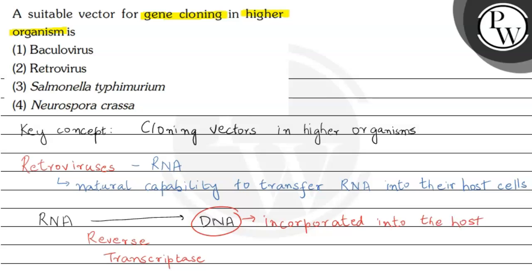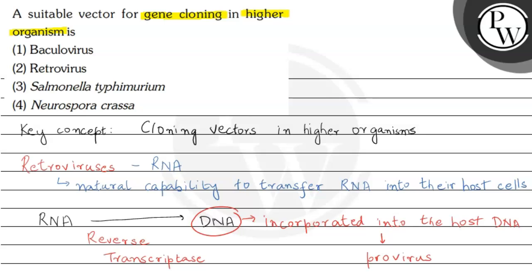So this results in the formation of the provirus. Now this proviral DNA, which has the DNA of the virus as well as of the host cell, with the DNA of the virus incorporated into the host cell, is the proviral DNA.